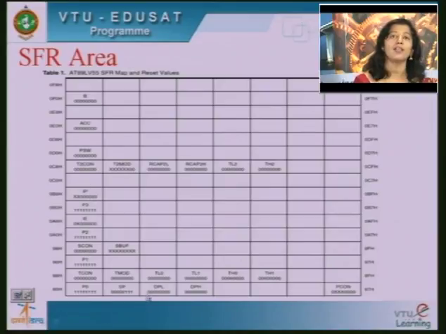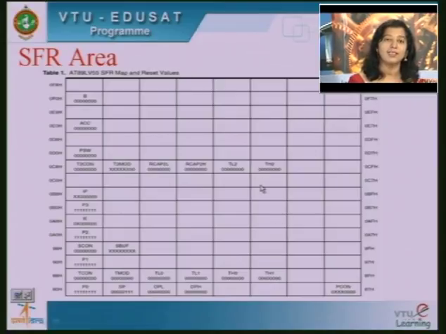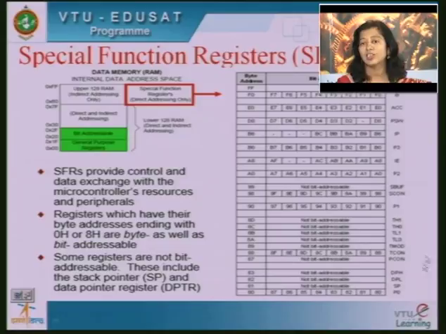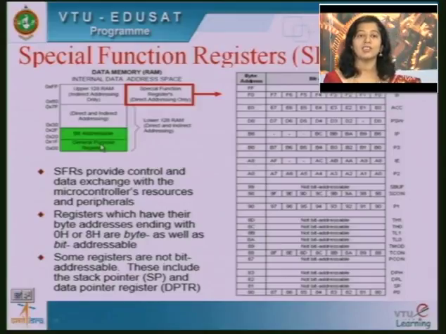I told you there are around 25 registers in the special function register area. This area is shown again here, and all the special function registers are mentioned on the right hand side.